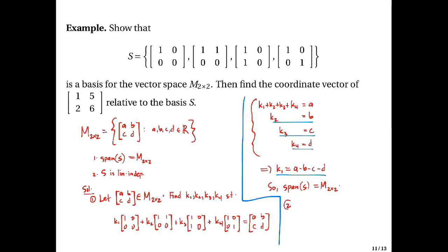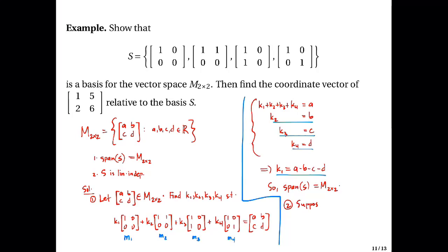So for number 2, suppose, to shorten things, let me label these matrices M1, M2, M3, and M4.